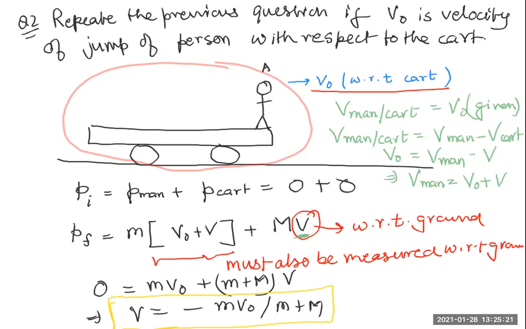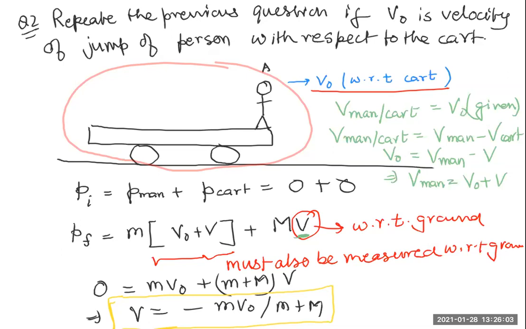The velocity of the man with respect to the cart is given as v naught. This means the initial velocity of the man is 0. On the cart itself, when the man starts to increase his velocity from 0 to v naught with respect to the cart, the cart is also going to change its velocity.